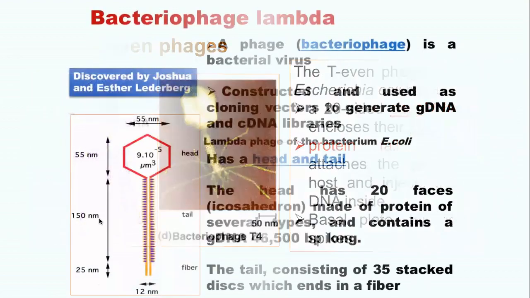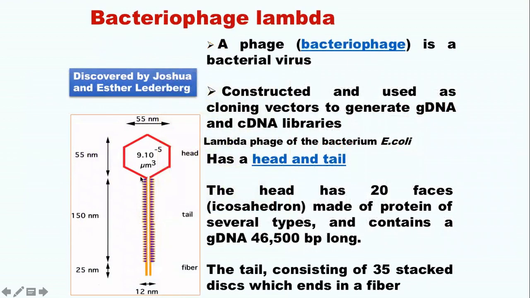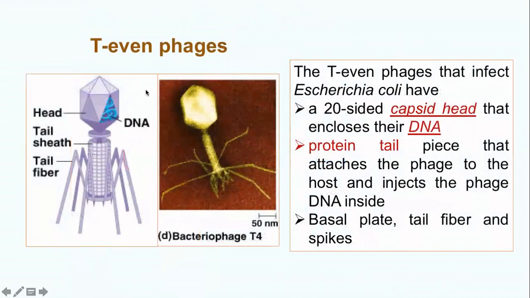In the case of lambda phage, the head is an icosahedron with 20 faces, and the protein sheath comprises discs of protein stacked one on top of another, around 35 in number, and it ends in a tail fiber. It's comparatively simple. But the T-even phage is a little bit more complicated. Again, the head is an icosahedron with 20-sided capsid, and then the tail sheath ends in a basal plate having little spikes and long tail fibers. So this is the structure of bacteriophages.